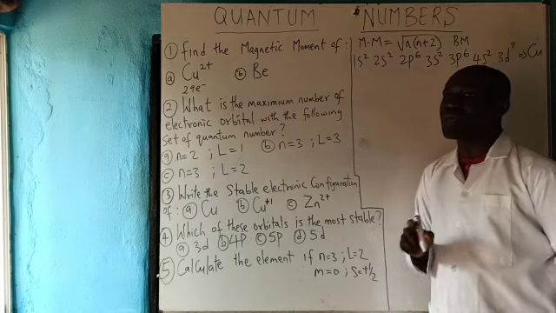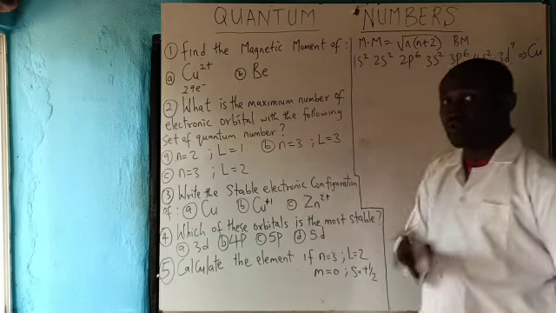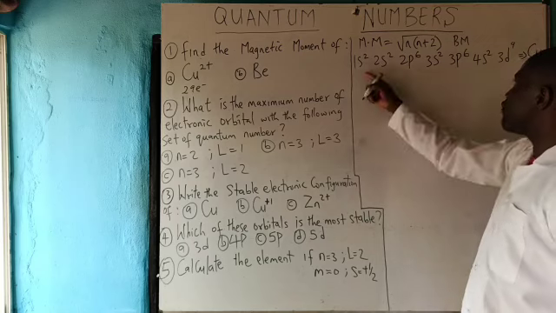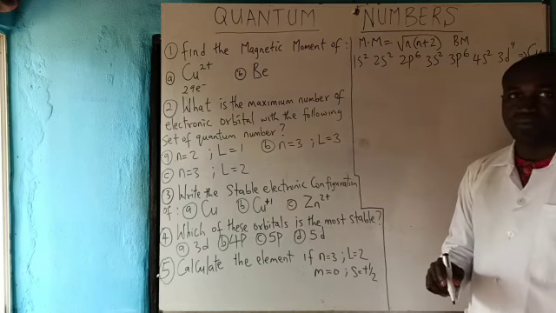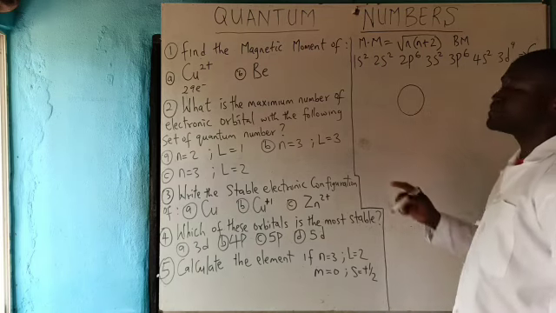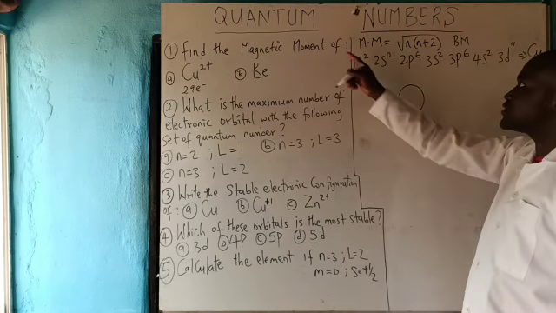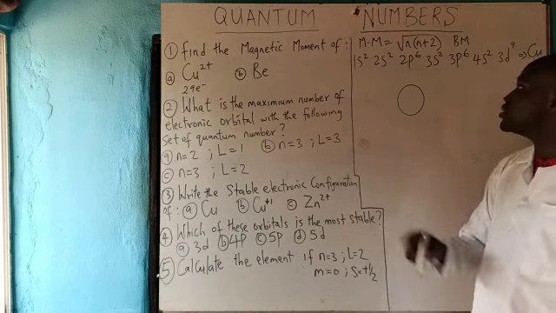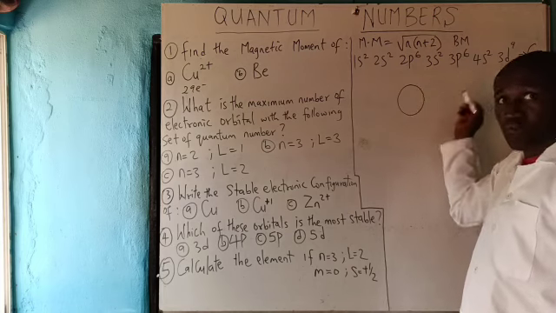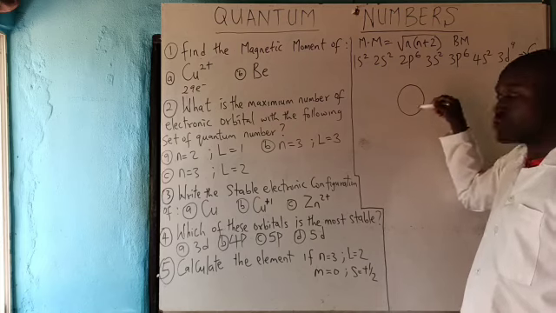Copper 2 ion simply means that copper as a metal is going to lose 2 electrons. From where? From the outermost shell. What is the outermost shell of copper in this electron configuration? Remember, when we were sketching the electron configuration of elements in our first video on quantum numbers, you noticed that 4s represents when n is 4, and 3d represents the third shell.